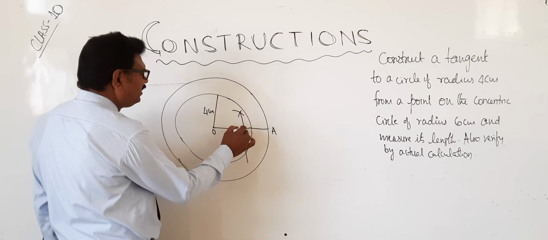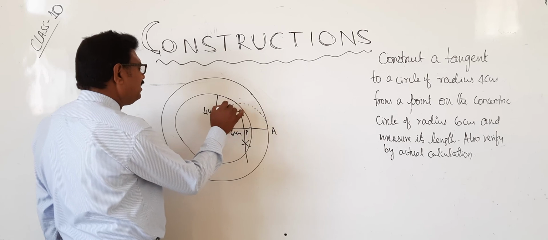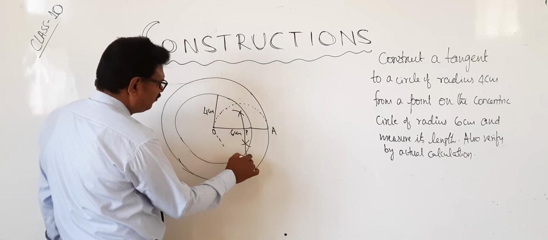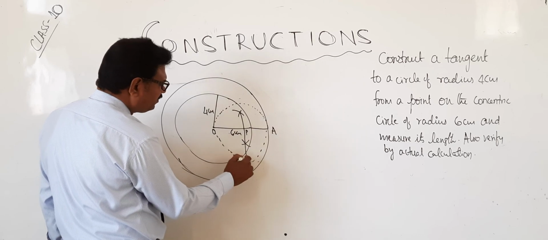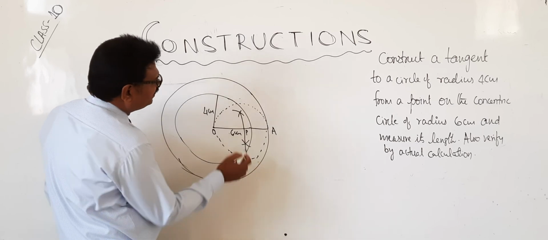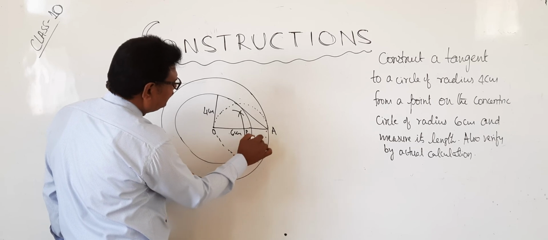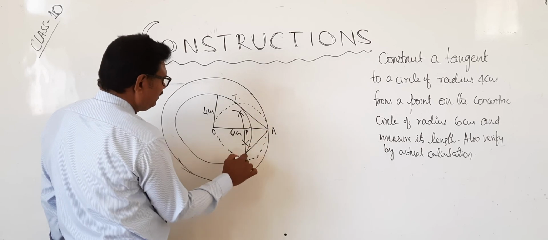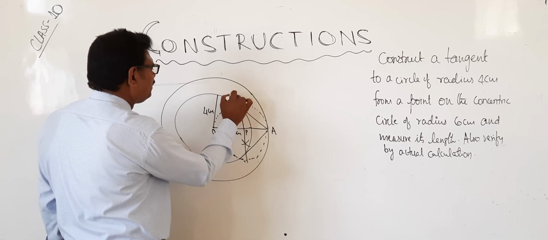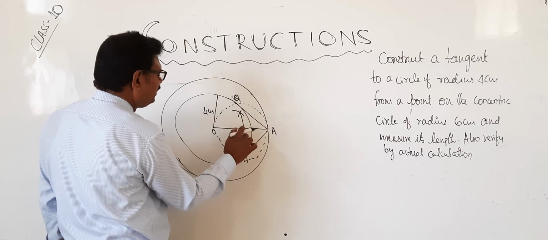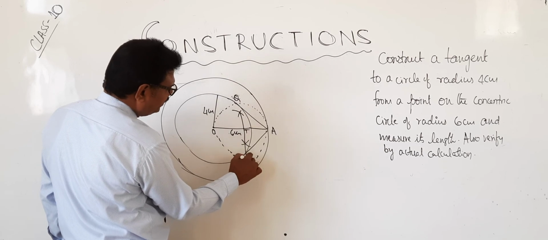Now by taking P as center, draw circle which is passing through A. Now where it will join, it is nothing but a T, it is nothing but a Q. Here you take a T.